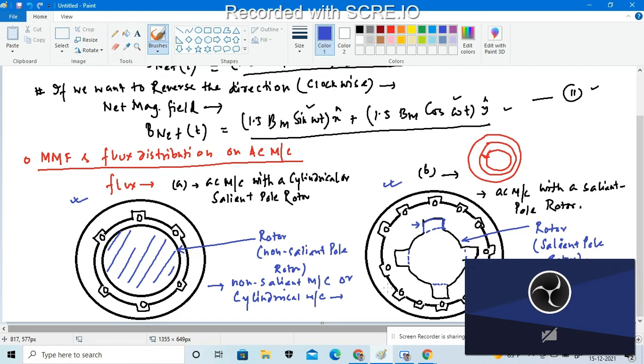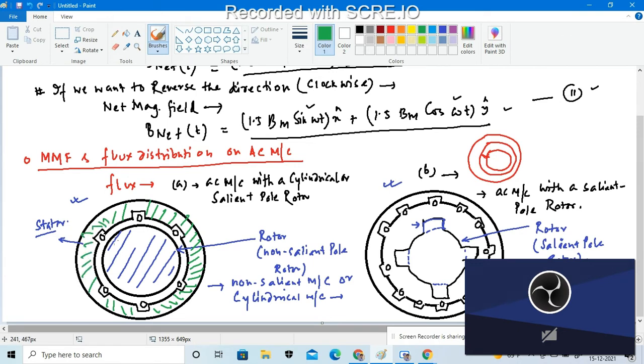So for the cylindrical rotor machine, we can talk about the reluctance of the air gap. Suppose this is my stator segment over here, and I will give it the green color. This segment is considered a stator surface having a different winding arrangement, right?